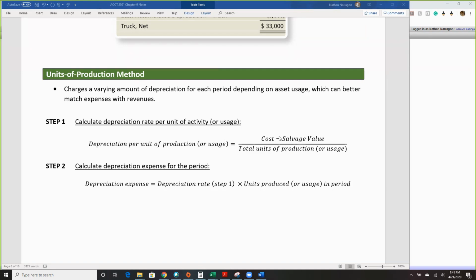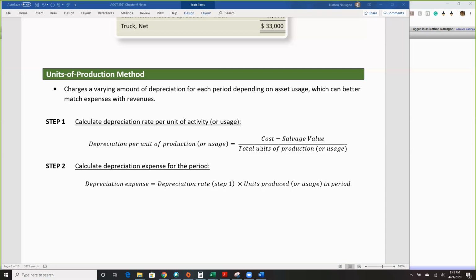This is going to be known as a rate. Because units of output are units of production or units of activity, however they want to call it, will vary from year to year. Again, we cannot control this. We don't keep it the same. So cars are going to drive so many miles each year. It's always going to be different.